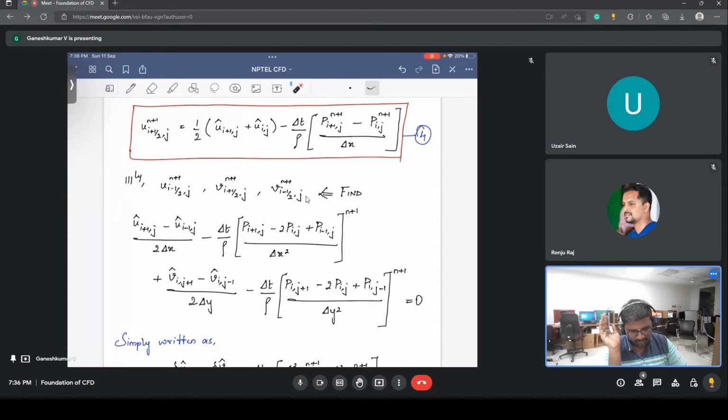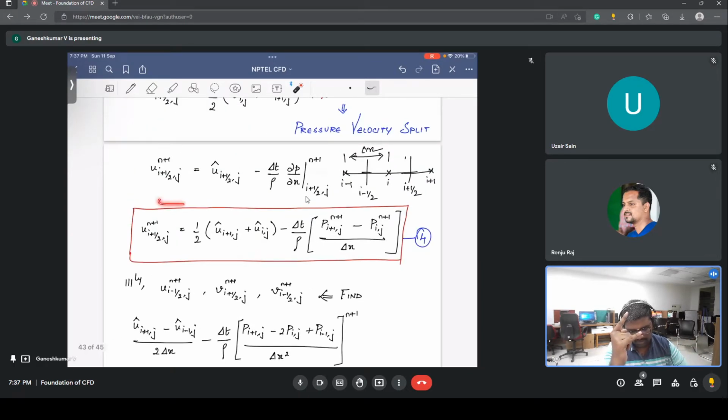Now your pressure gradient is not i minus 2 or i plus 2 anymore. It is a pressure gradient having i plus 1 and i minus 1, right? So you actually overcome the pressure-velocity split by simply using the equation you derived from the predicted velocity, right?